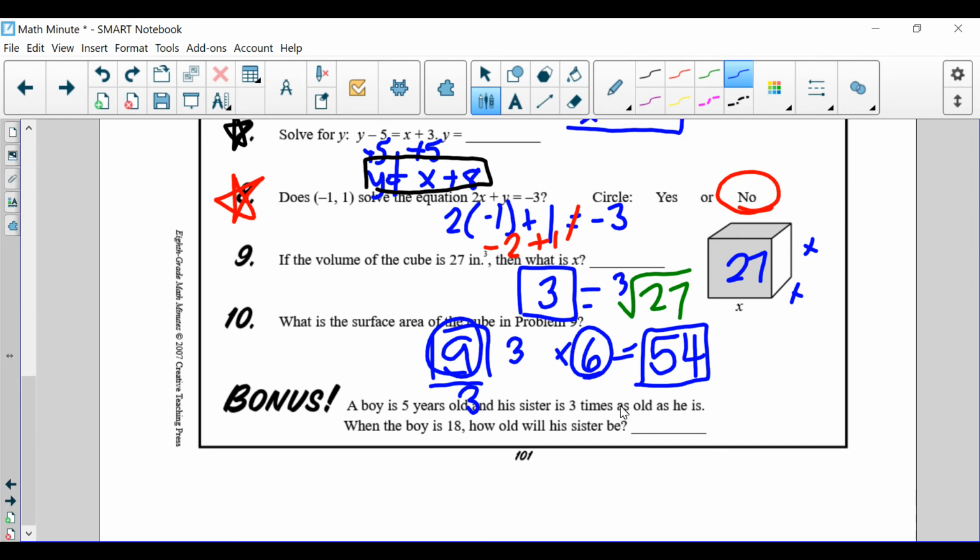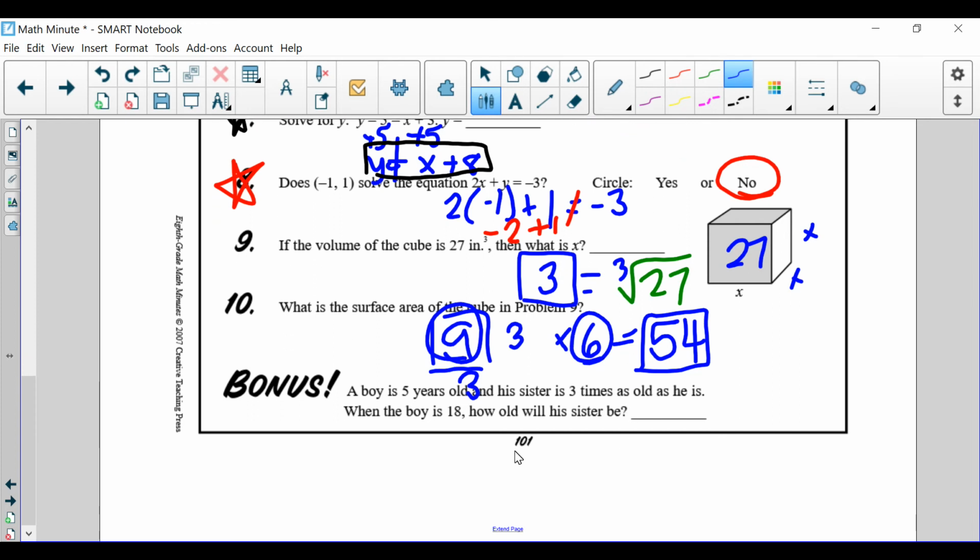And then finally it says a boy is 5 years old and his sister is 3 times as old as he is. So the boy is 5 years old and his sister is 3 times older than him. So let's call him X. Let's call his sister 3X. Meaning when he's 5, she's 15.